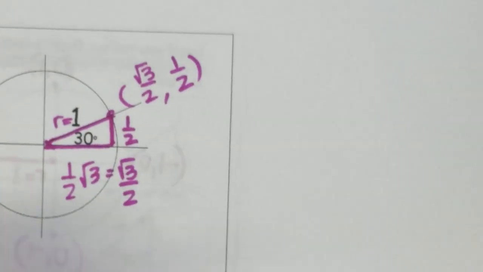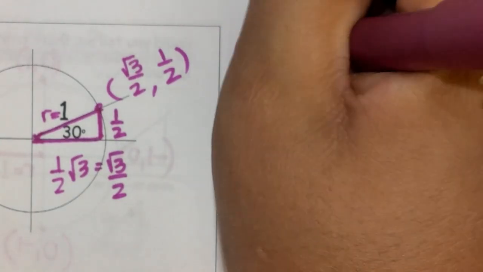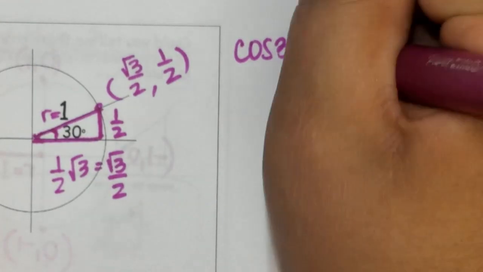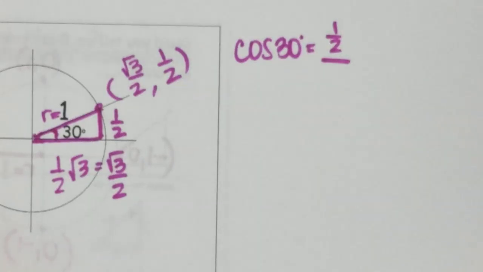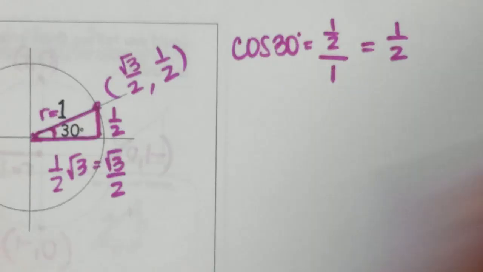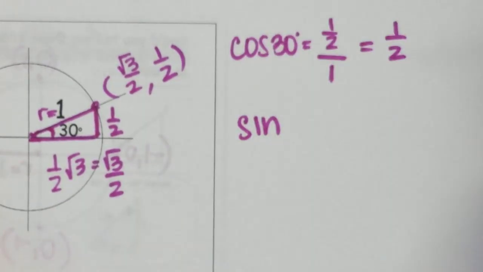Now let's do 30 degrees. Let's do cosine first. The cosine of 30 degrees. What's my opposite here? Wait, yeah, it is adjacent.